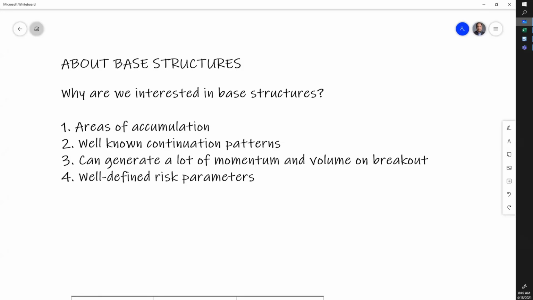So we're trying to identify yung mga areas of accumulation. And we're interested in these areas of accumulation because they are well-known continuation patterns. So not only are they areas of accumulation, it's well-known and well-documented that once the accumulation period for said base patterns is done and over with, ang natural tendency for those securities that form bases is to continue on with its general trend.